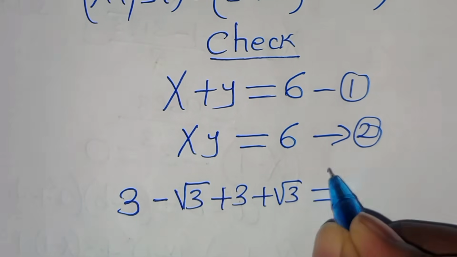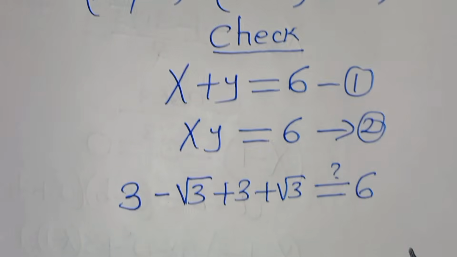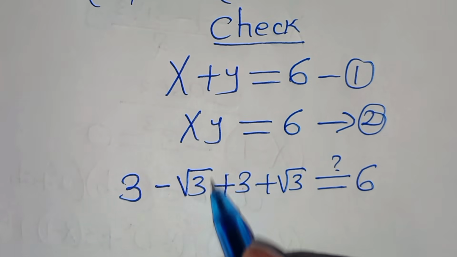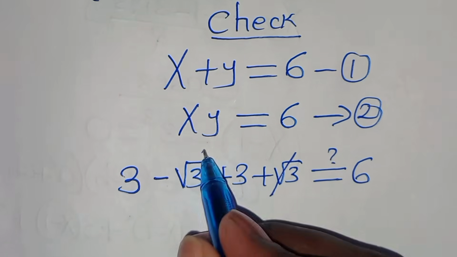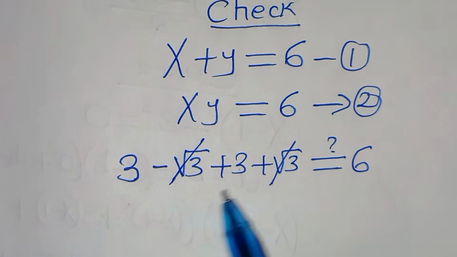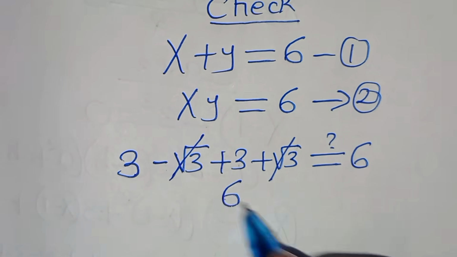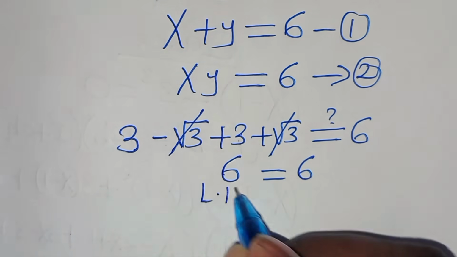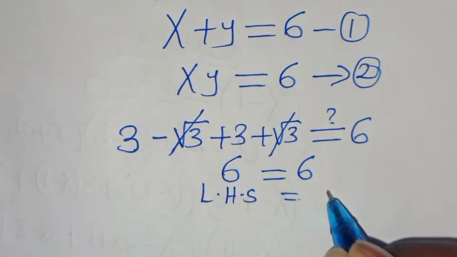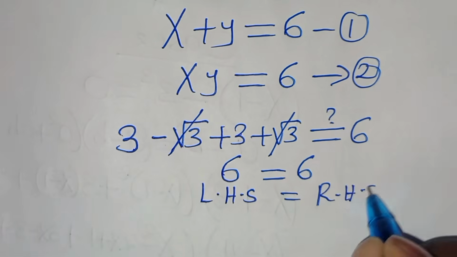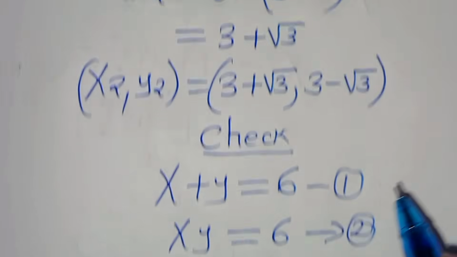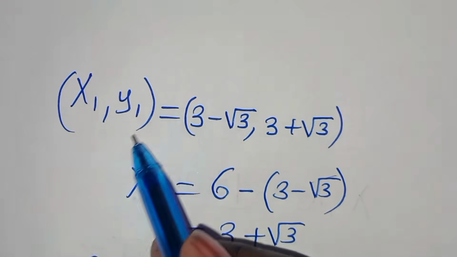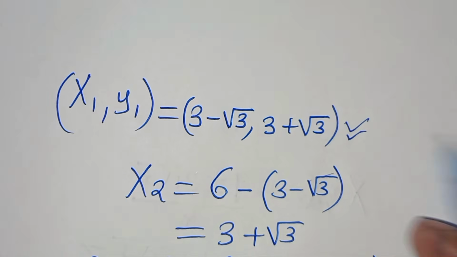This is supposed to give us a value of 6. Negative square root of 3 plus square root of 3 simplifies, then 3 plus 3 is equal to 6. This means that the left hand side is equal to the right hand side, and this proves that x1, y1 satisfies the equation.